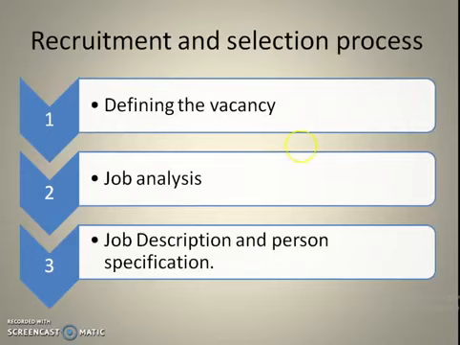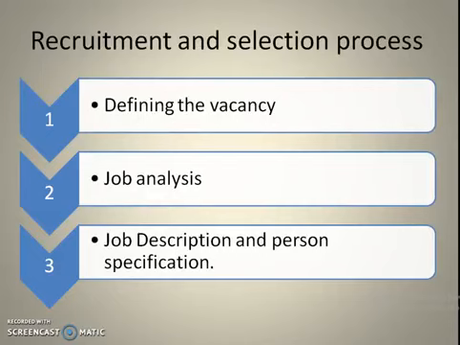Right. The first step in a recruitment and selection process, as we already know that there are various sources, internal and external, where we're going to recruit from different areas. The first step is defining the vacancy.